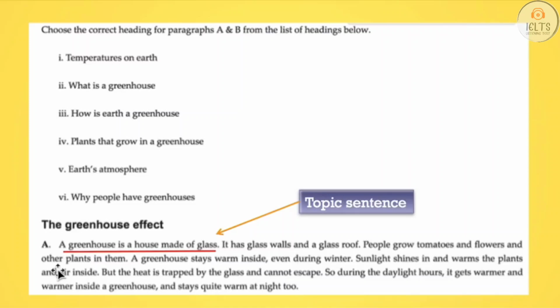Before I go ahead and tell you the answer, I need you to take a minute to look at the headings and guess what the heading can be for this paragraph.